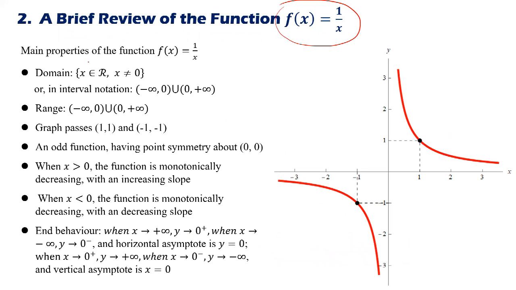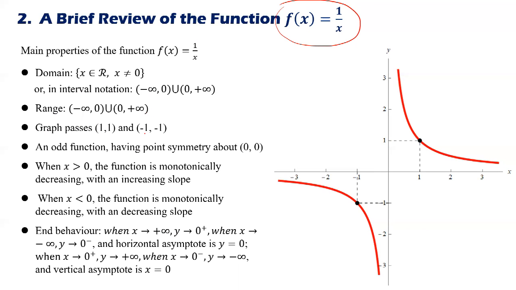So first of all, the domain is any real number that is not 0, right? x cannot be 0 because it's a denominator here. Or if you use interval notation, it's negative infinity to 0, union with 0 to positive infinity, right? Okay, the range is also negative infinity to 0 and 0 to positive infinity.